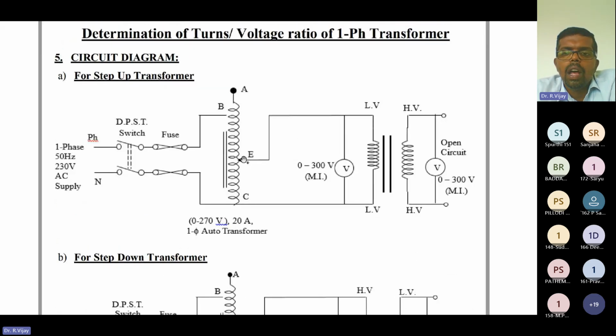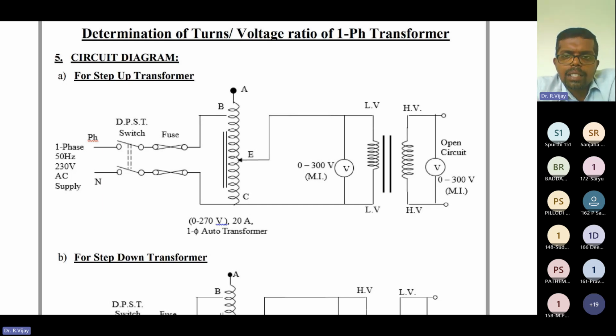Here also we calculate the turns ratio. We give the rated voltage on the low voltage side, which is 200 volts. By varying the autotransformer, you set 200 volts. Automatically on the HV side you will get 400 volts with some losses, not exactly 400, maybe 399 volts.